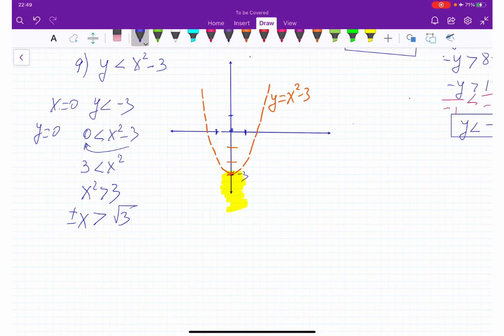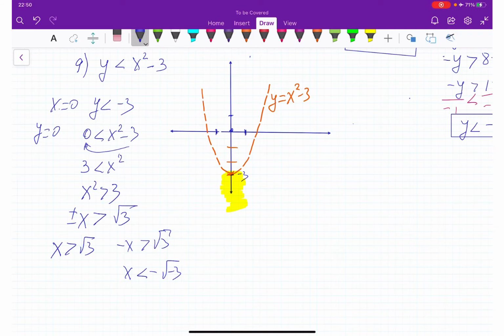It doesn't matter, approximately we know how much it is. So first x is greater than square root of 3, and the second version, x is less than negative square root of 3.